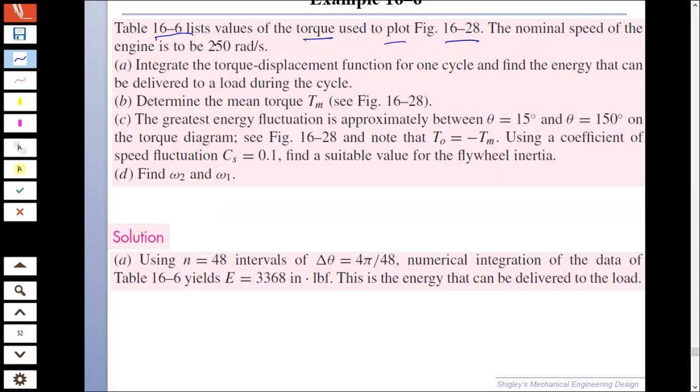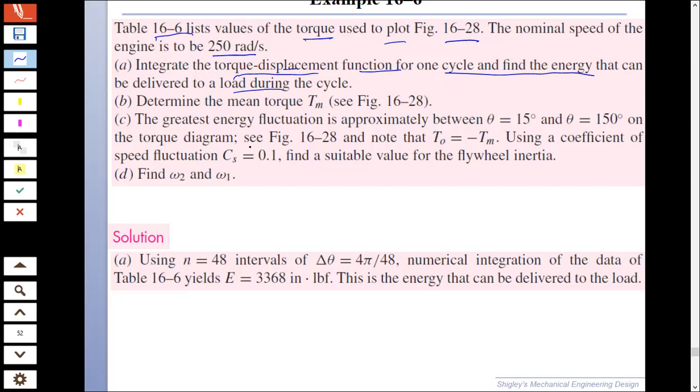The nominal speed of the engine is 250, so you have the speed of the engine in radians per second. And it says integrate the torque displacement function for one cycle and find the energy that can be delivered to a load during the cycle.